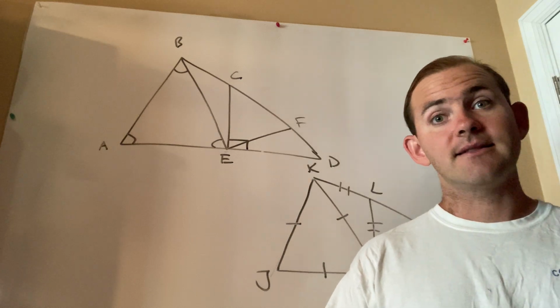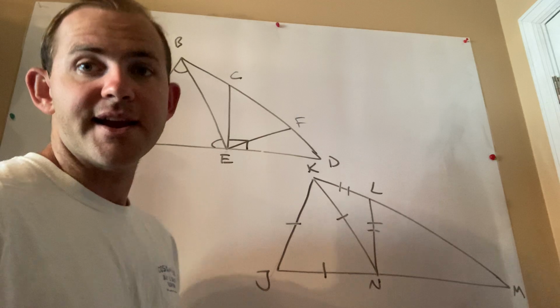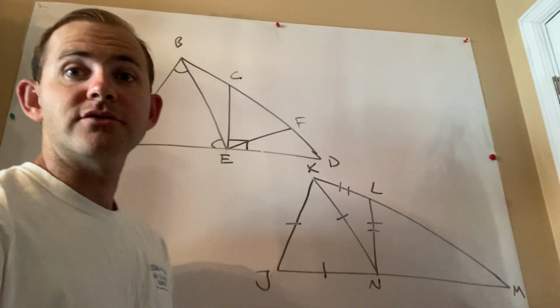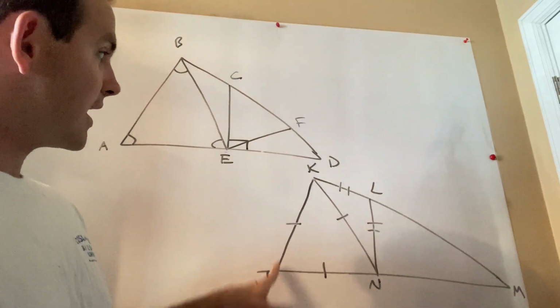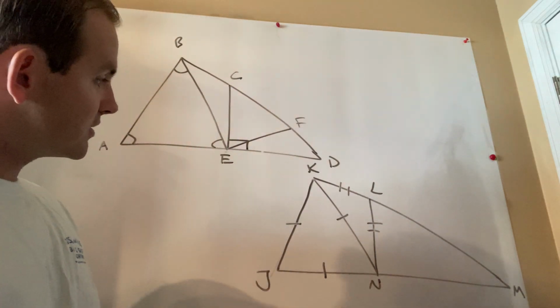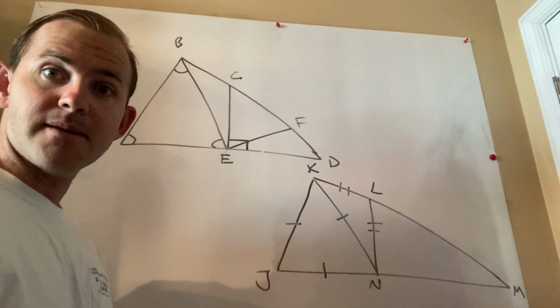With that being said, let's take a look at examples 6 through 8 and see if we can classify those triangles. All right, first up, we're looking at triangle JKM. Guys, do any of those sides look the same?